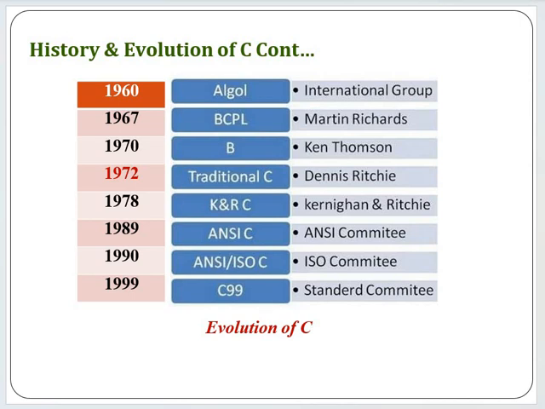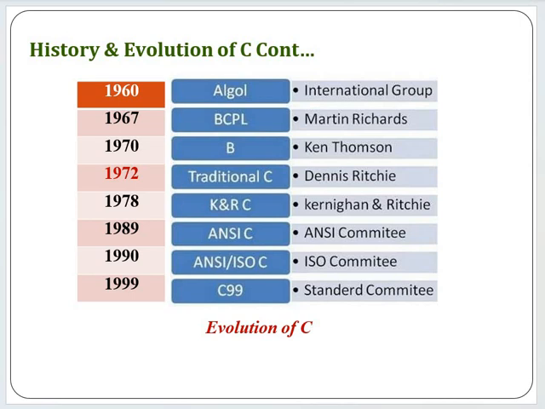In 1967, BCPL, a simplified version of ALGOL, introduced concepts that influenced C's design. In 1970, B, developed by Ken Thompson, was a precursor to C, serving as a stepping stone in its development. In 1972, traditional C, the birth of the C language by Dennis Ritchie, marked a significant milestone in programming history.